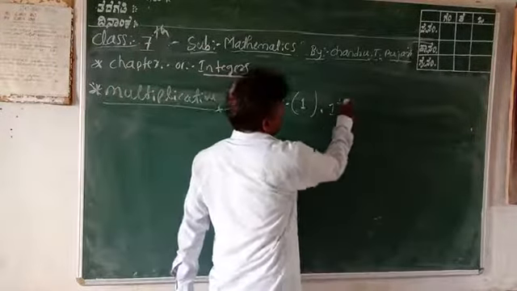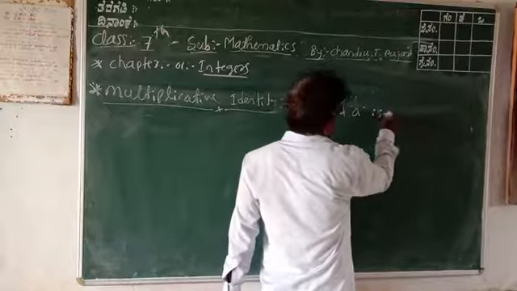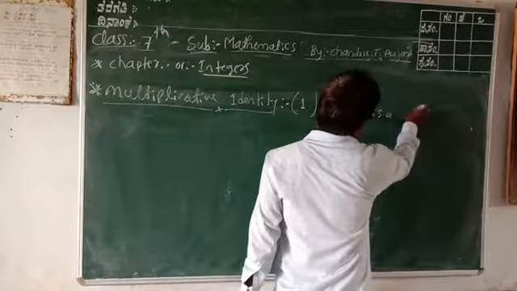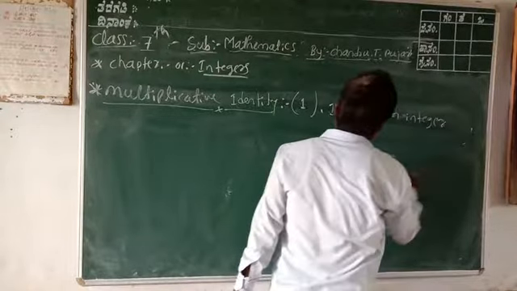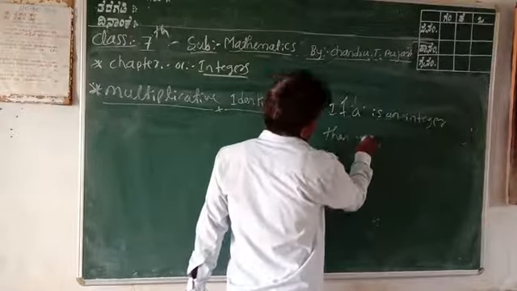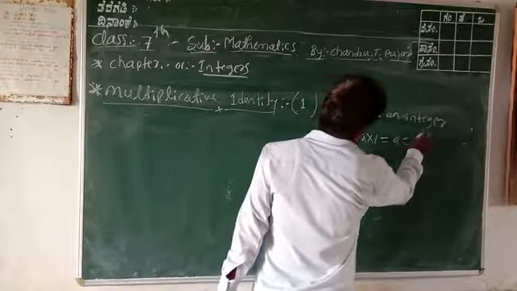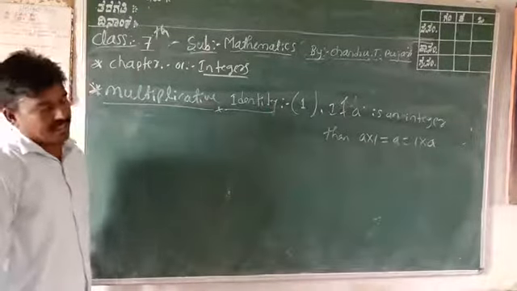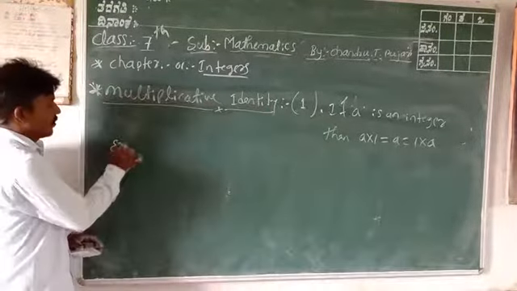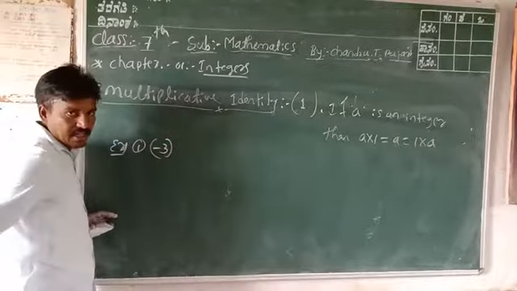Therefore, if A is an integer, then A into 1 is equal to A, which is equal to 1 into A. For example number 1, consider minus 3 as an integer.